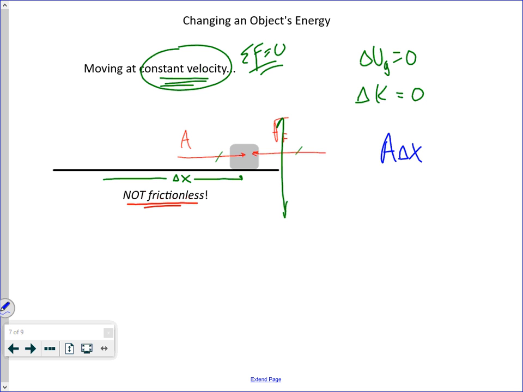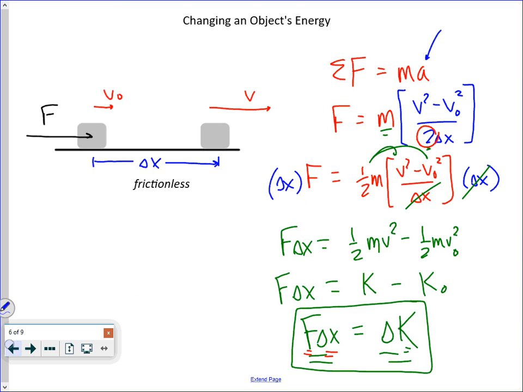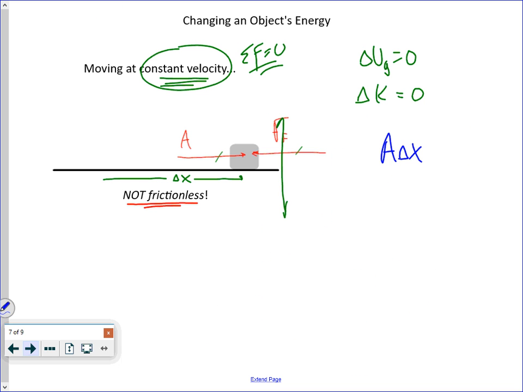Like before, we had these products of the force and the distance through which the force was applied. We have that same product here, but we don't have one of these changes in energy, which was pretty neat before. We said, wow, in one case, F delta x was a delta K. In another case, F delta x was a delta U. In this case, well, energy does change.